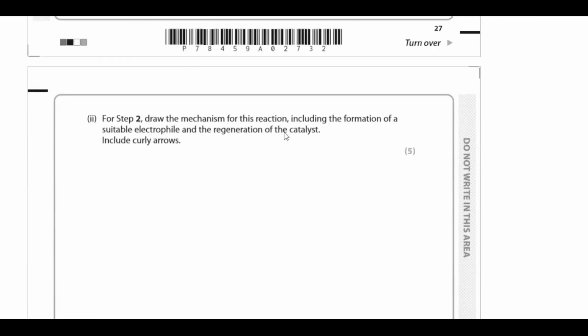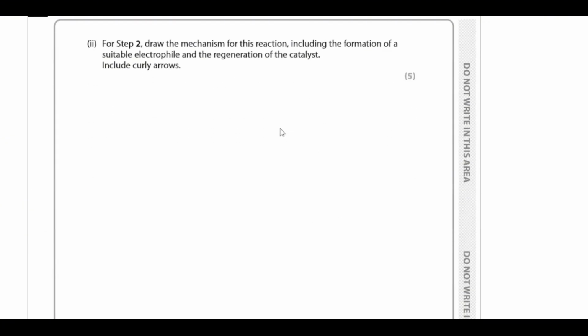Okay, moving on to the next question. It says here for step 2, to draw the mechanism for the reaction, including the formation of a suitable electrophile and the regeneration of a catalyst. Now, of course, this will be an electrophilic substitution reaction. The first step is pretty simple. We do have the methyl group in step 2, right?